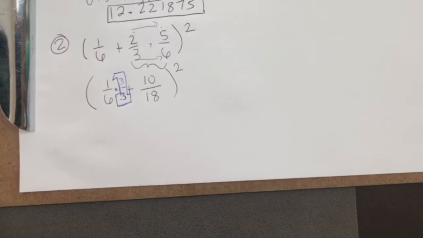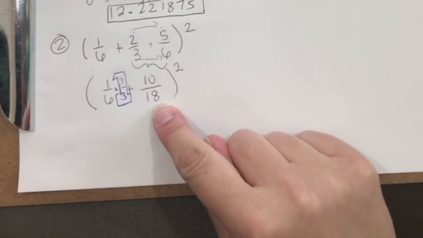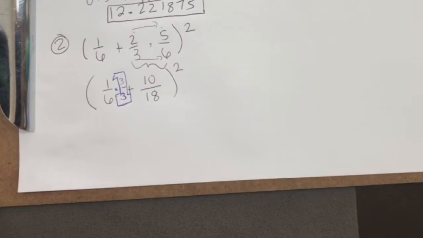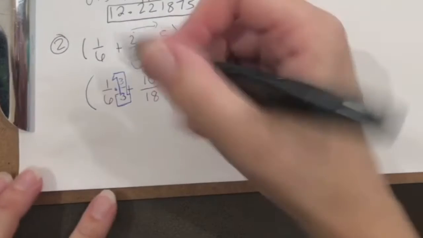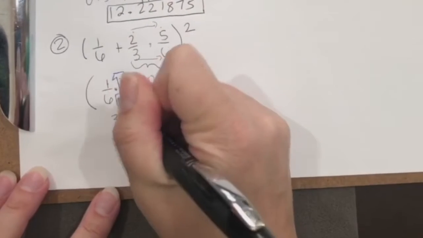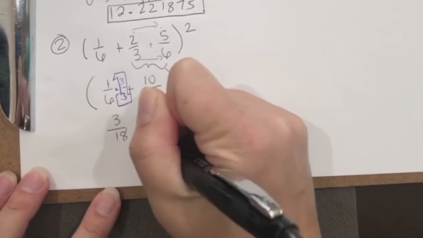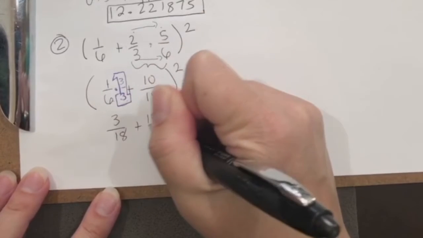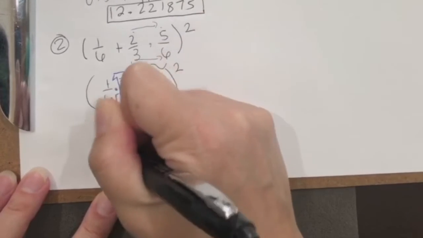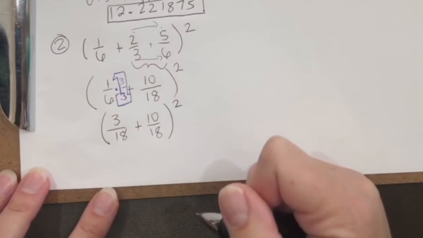It's kind of like if you have a pizza with 6 slices and then you cut every slice into thirds, and now you have 18 slices. So 1 times 3 is 3, 6 times 3 is 18, and we can add that to our 10/18ths, and we will eventually square it.